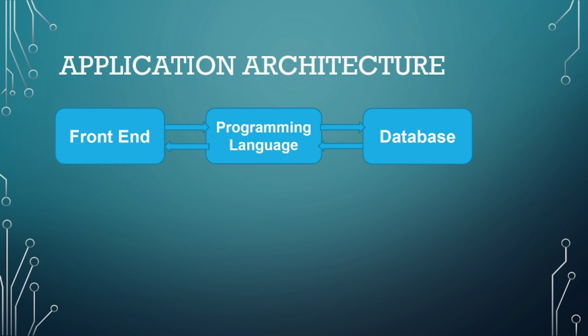Now let's talk about what kind of tools we can use to build components like the front-end, back-end, and programming language. To create a front-end, we have different tools like HTML (hypertext markup language), CSS, JavaScript, Ajax, React.js.